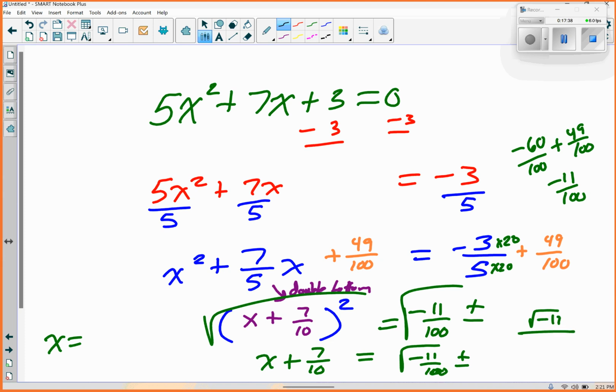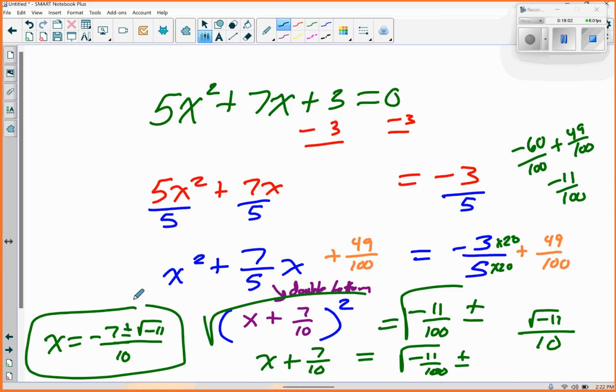It's 10. Notice the bottom's no longer underneath a radical because I took the square root. So here's my answer. All right. That's what the answer is.